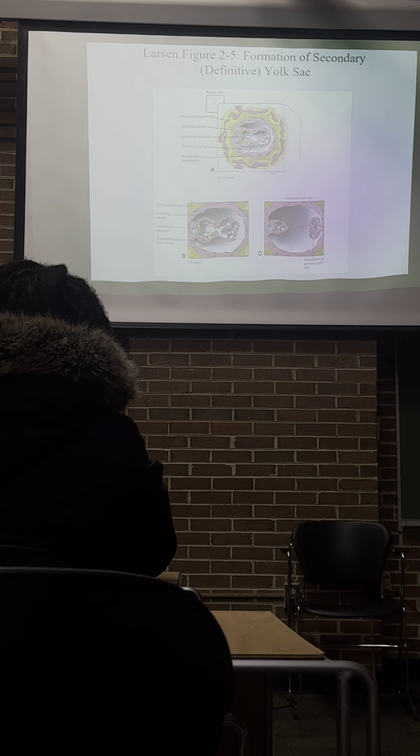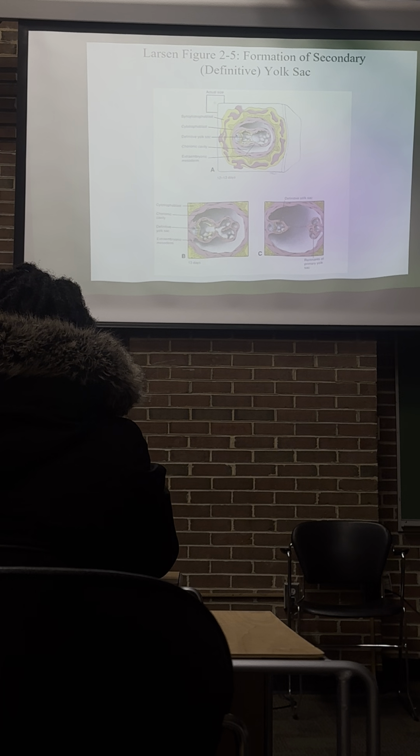Yes, ma'am. Heuser's membrane, you said it's just the yolk sac? Heuser's membrane is the primary yolk sac. It's the first one that's generated from the edges of the hypoblast. The secondary yolk sac, which comes later, is called the definitive yolk sac. The what? Definitive yolk sac.